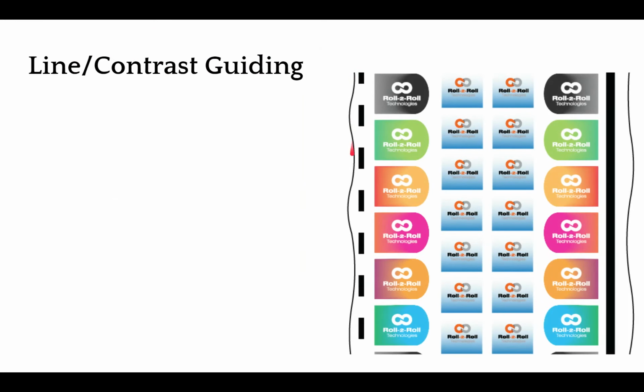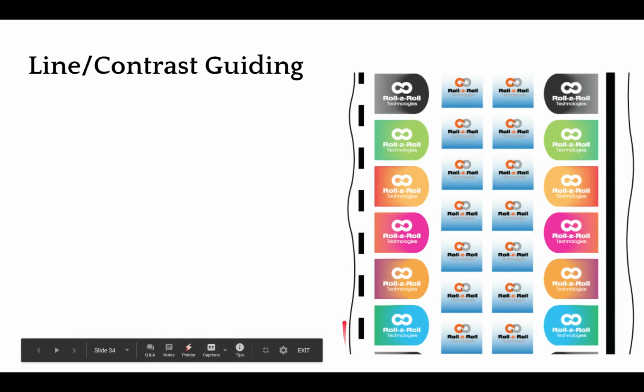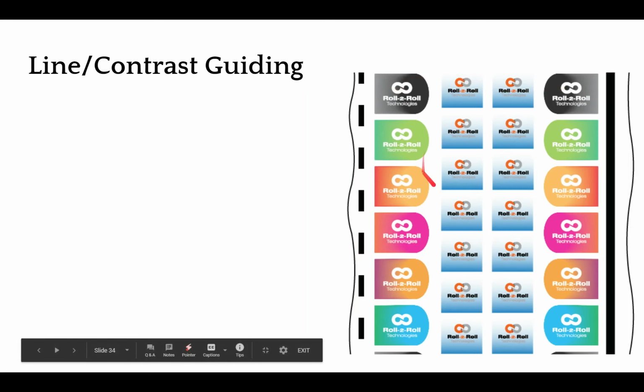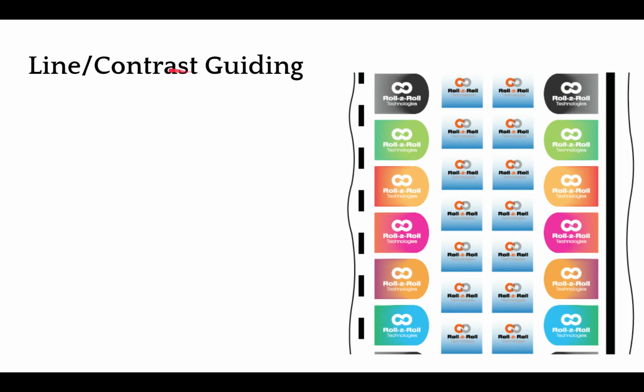Maybe the web has edge variations and you're actually printing on it. The most common example is the printing industry, where you have multiple print cylinders and you want the web to be aligned to these printed patterns.